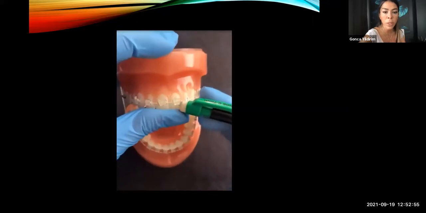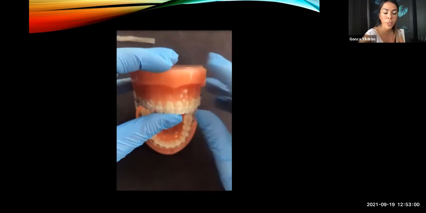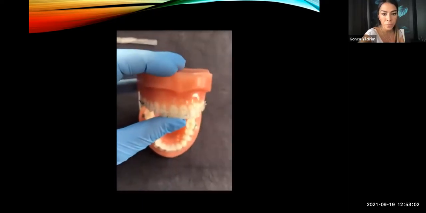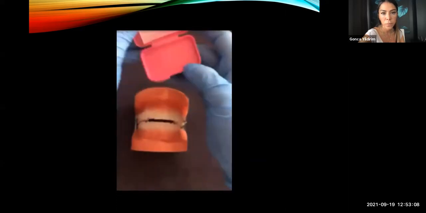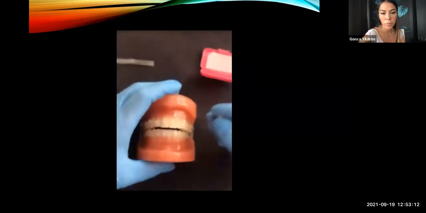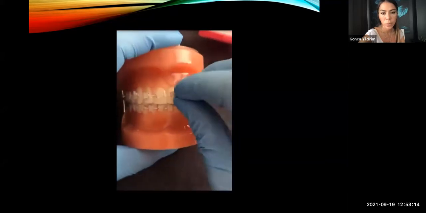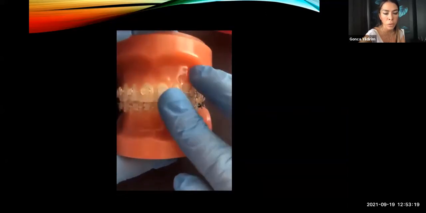And if it's not working again, of course, you can use orthodontic waxes on those braces. It's just to stop the irritation of the soft tissues, that's all.